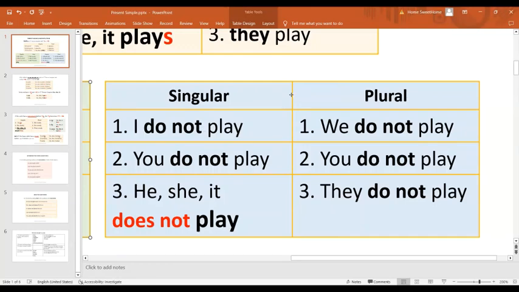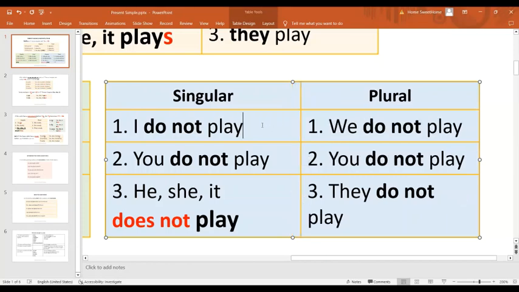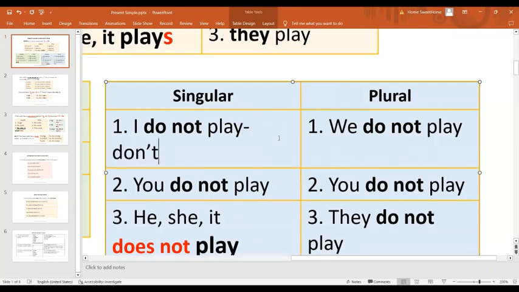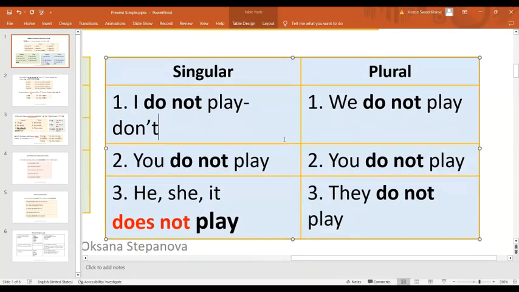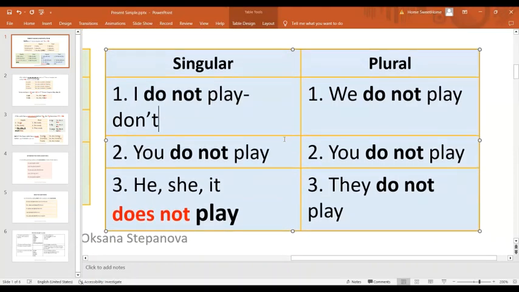The short way of this is don't. I do not play. I do not play. When we shorten, we say I don't.